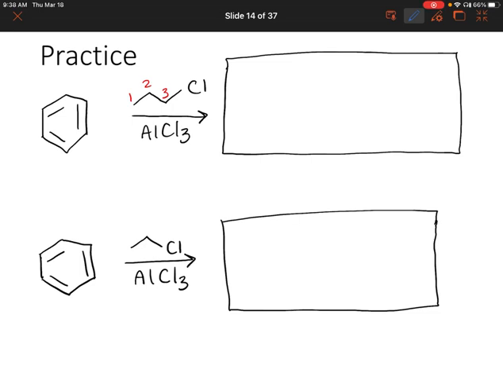Because the chlorine is going to bond to aluminum, and then the shared electrons between chlorine and the carbon group will shift over to chlorine. So initially, we end up with a primary carbocation. But is there a more stable carbocation? Can we go through some sort of rearrangement here? Yes, we could have a 1,2 hydride shift.